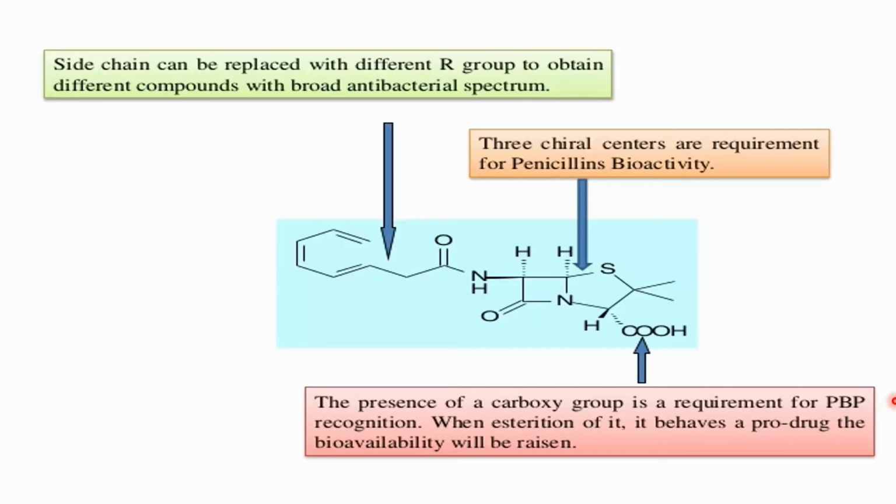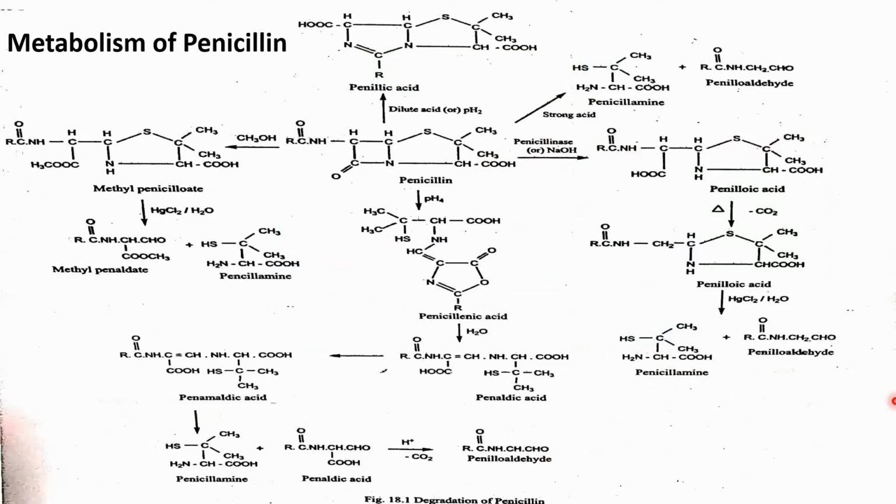Here you can see the metabolism of penicillin derivatives, how penicillin gets metabolized in the presence of different acidic or basic media or at different pH. This metabolism of penicillin is included in the PCI syllabus.